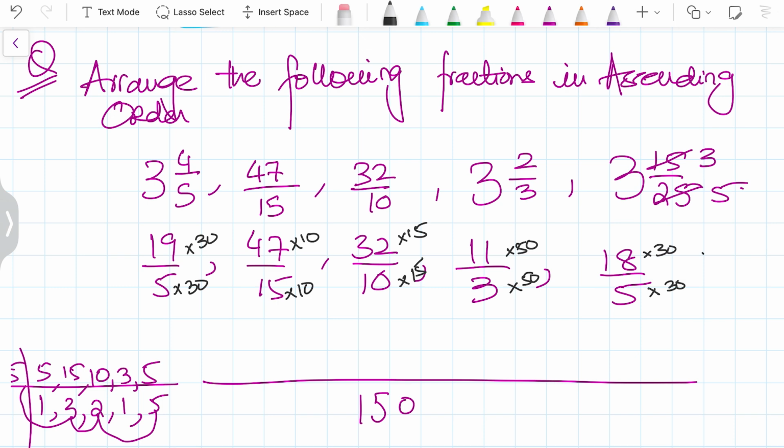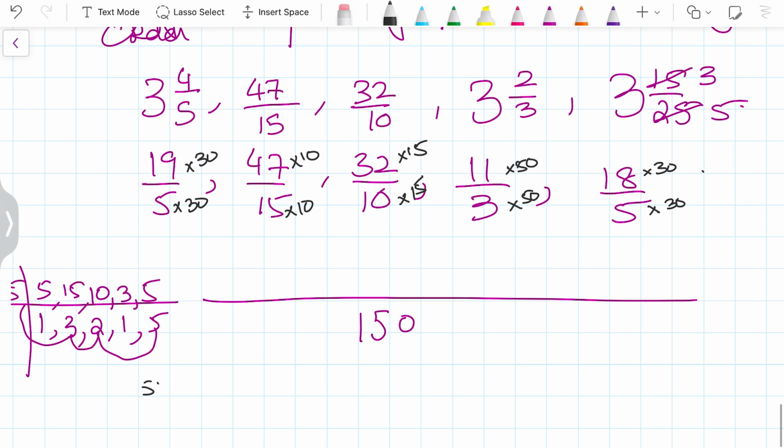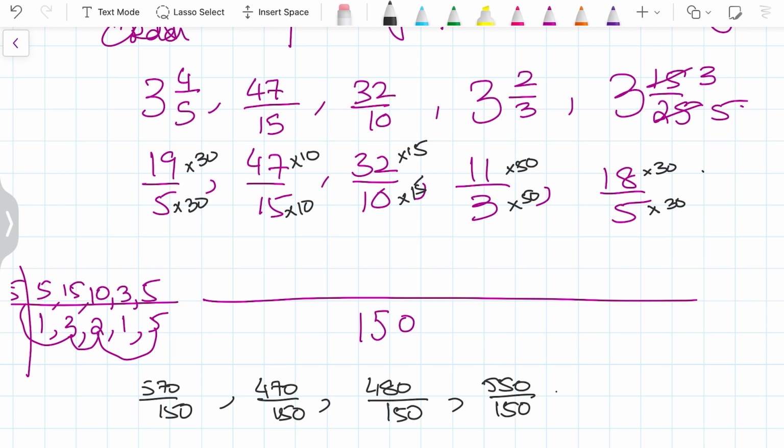So we have 19 times 30 is a 570, 470, 32 times 15 is a 480, 11 is a 550, 18 times 30 is a 540.